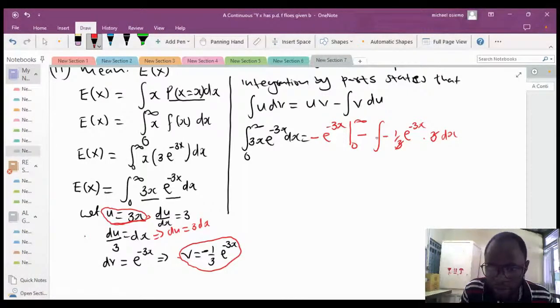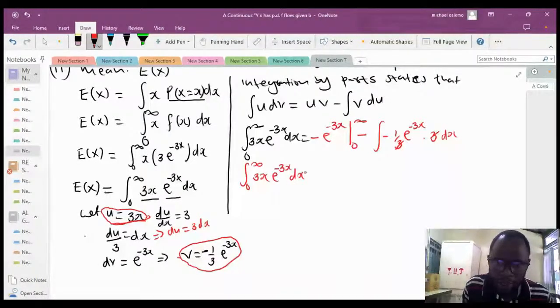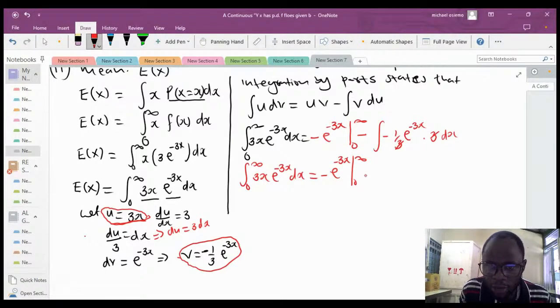This negative here, we neutralize this one, so we shall have the integral from 0 to infinity of 3x exponential negative 3x dx being equal to negative exponential negative 3x from 0 to infinity. Then now it will become plus because of this negative inside the integral. Then we shall have the integral of exponential negative 3x dx, and this runs from 0 to infinity.